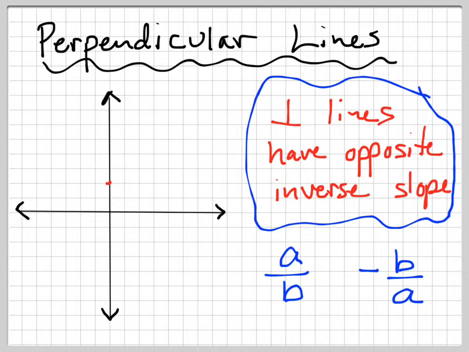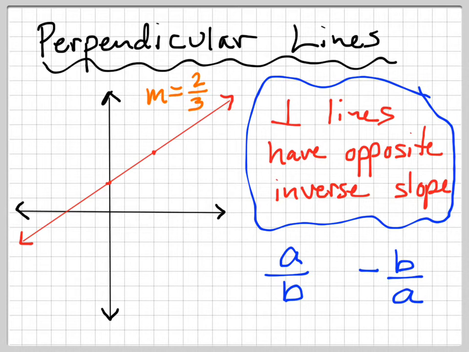And then I'm going to rise 2, run 3. Okay, and then I'm going to go ahead and make a line through those 2 points. Okay, so it looks like so. I'm going to say m equals 2/3.